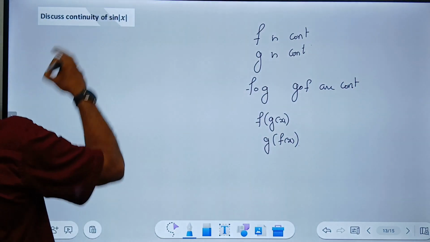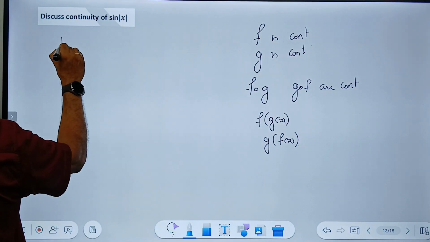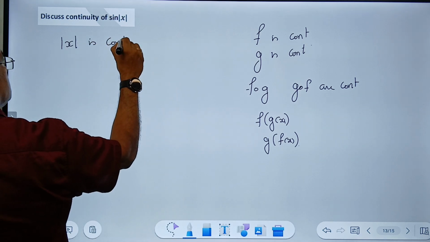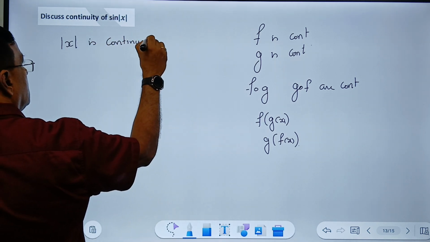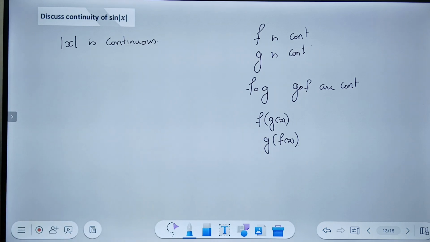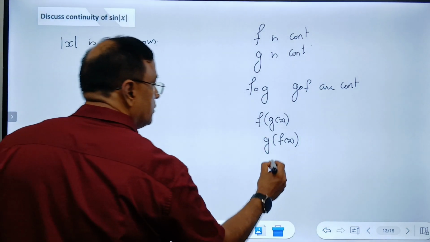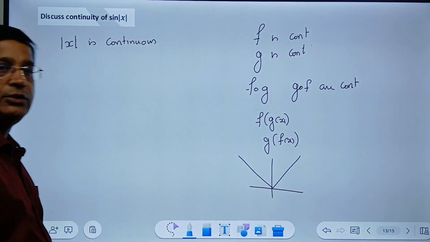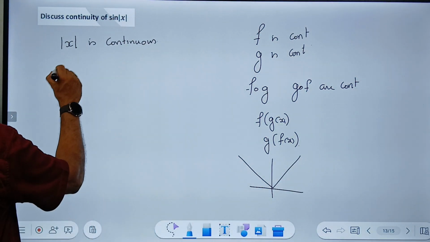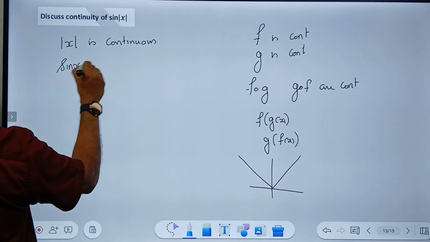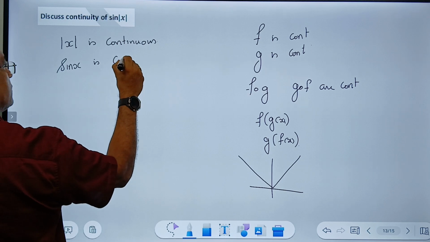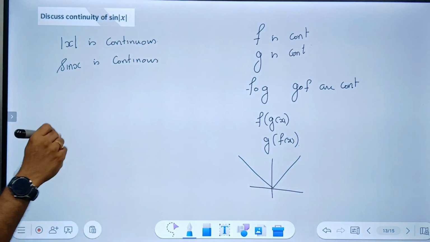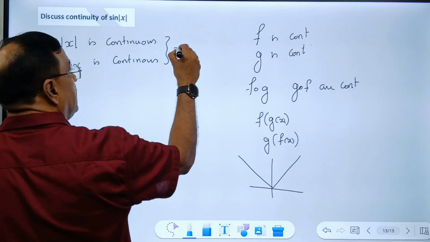Now, clearly, modulus of x is continuous everywhere. Okay, because you know the graph of modulus x. Modulus of x is continuous, and clearly sin x is also continuous. When I say continuous, it is continuous everywhere in the entire real line.